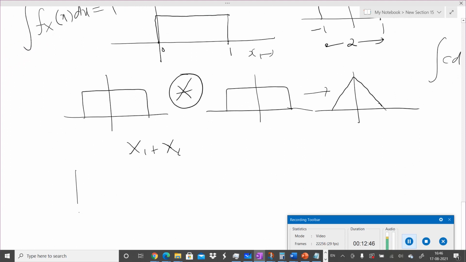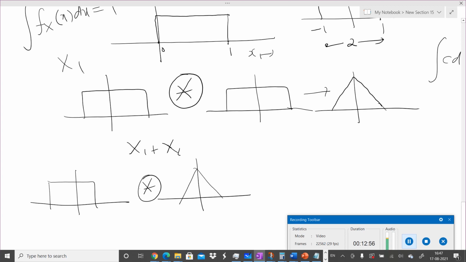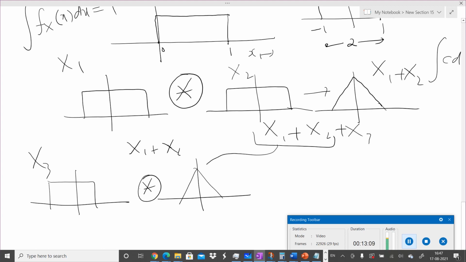Now if you add a third random variable, you will have to convolve a rectangle with a triangle. Suppose this is the PDF of x1, this is the PDF of x2, and this is the PDF of x1 plus x2. Now this is x3, and you want to find the PDF of x1 plus x2 plus x3. x1 plus x2 has this triangular PDF, and x3 is again the same uniform random variable.